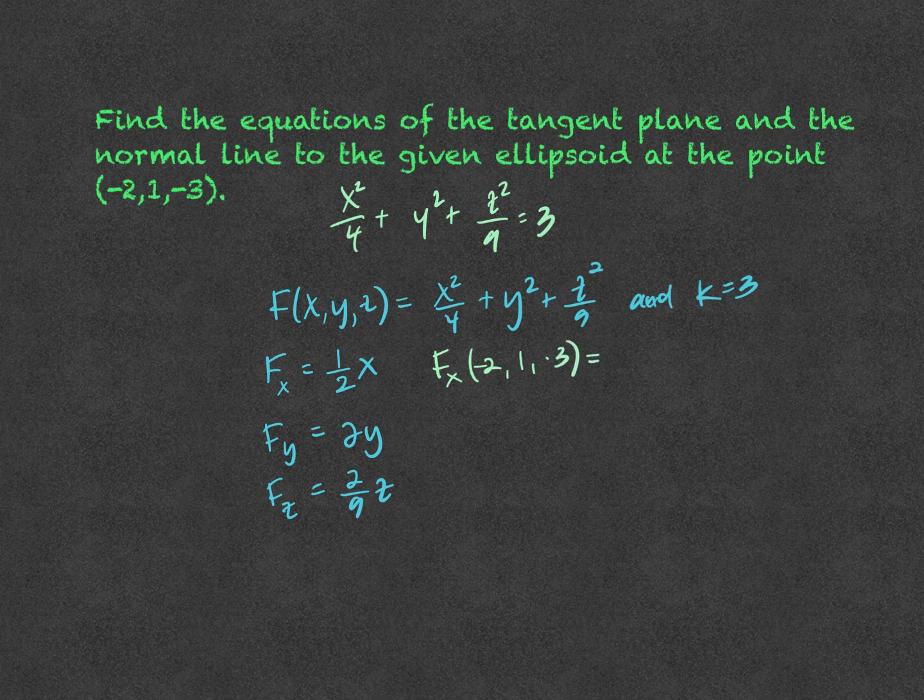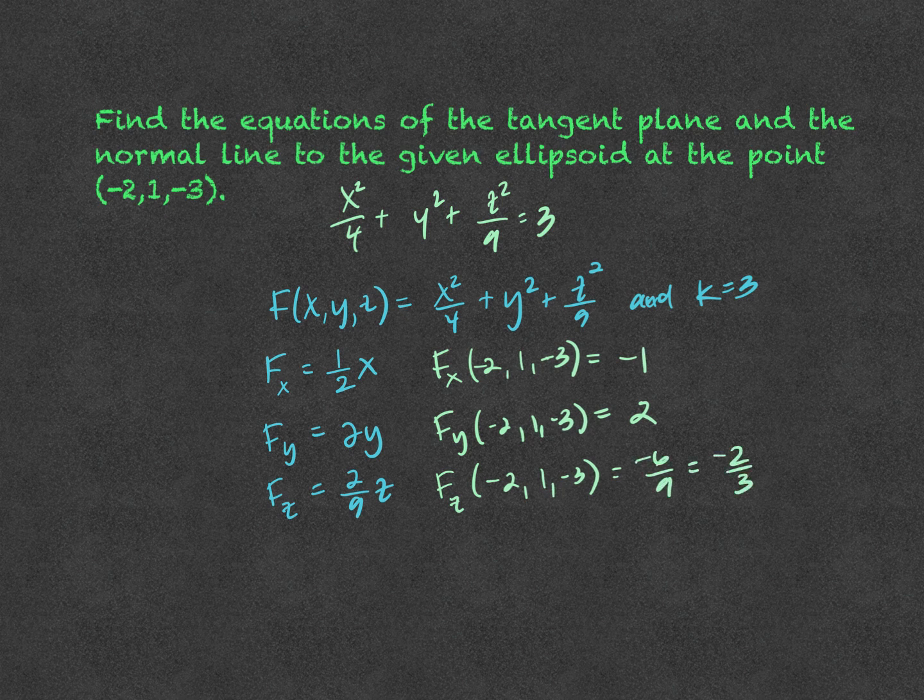So when we plug in the x value, we get half of -2 is -1. When we find the partial derivative at that point for y, we have 2 times 1 is 2. And when we find the partial derivative with respect to z at that point, we have -6 over 9, which reduces to -2 over 3.